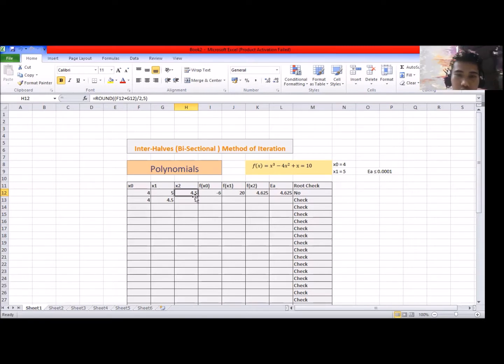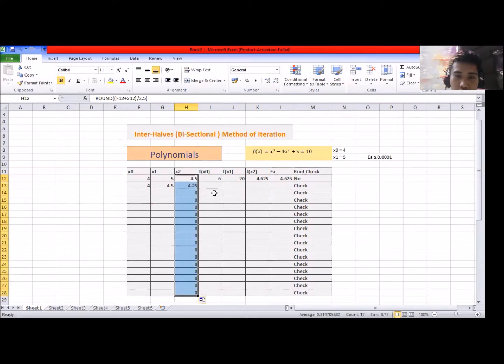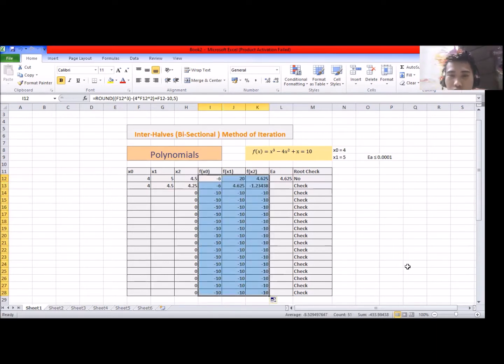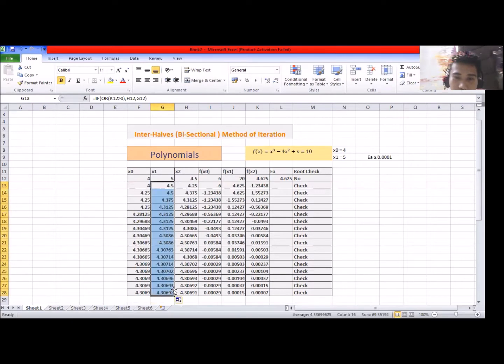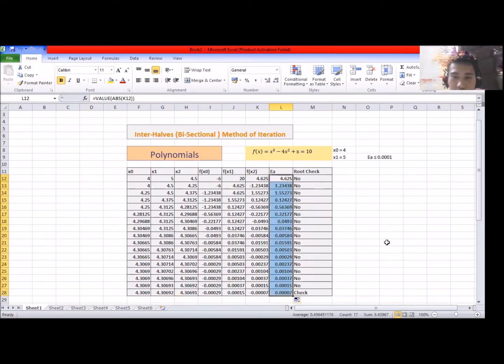Next, let's copy the formula itself. Let's copy this formula of the function from x0 to the function of x2. Then let's copy the rest. That's how you use the bisection method of iteration with polynomial functions.